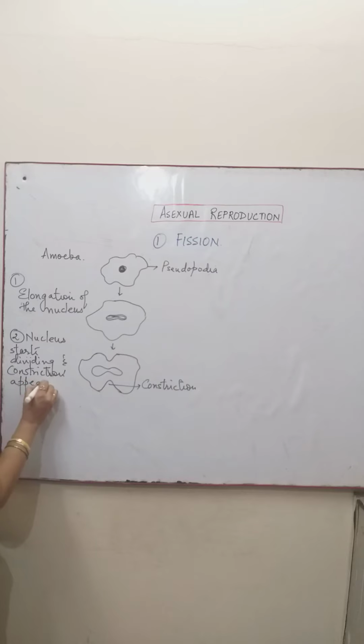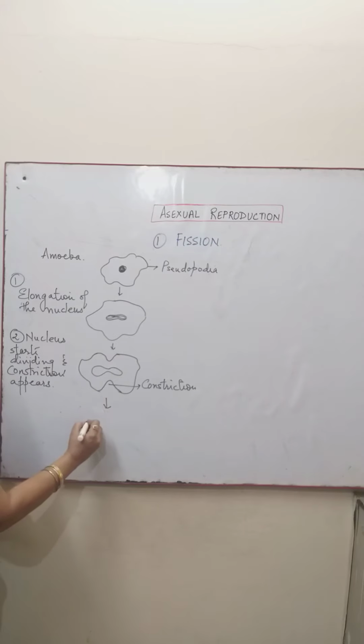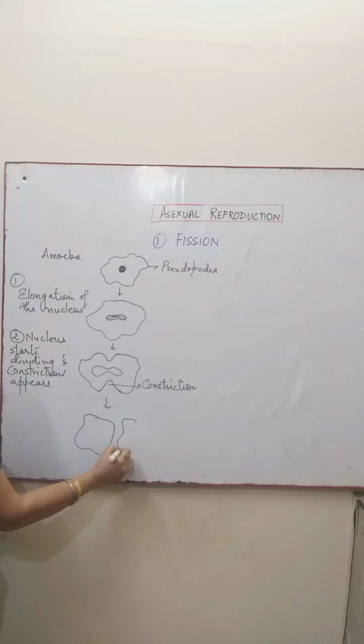The constriction actually helps in dividing the cell membrane and the cytoplasm into two. So what will happen due to the constriction? This will divide into two organisms.